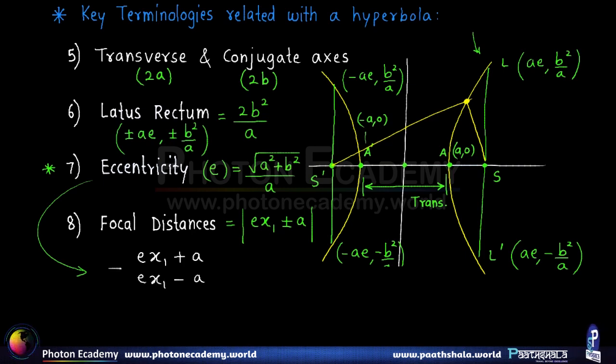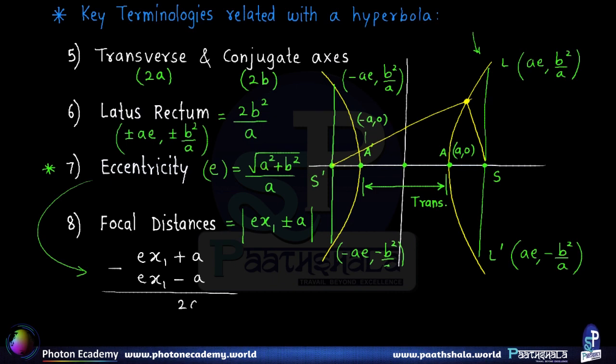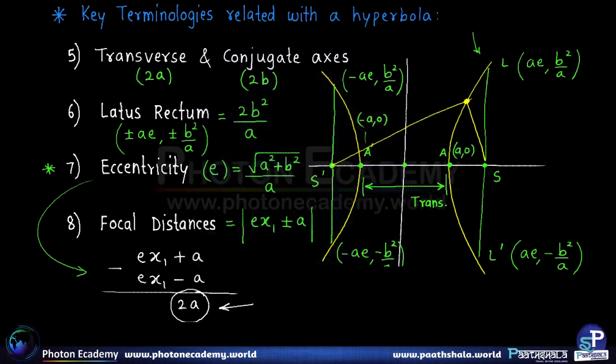If you subtract these two, you will get 2a, and that perfectly matches with the definition of hyperbola, where the difference of the focal distances of any point on the hyperbola is always constant, and that difference is nothing but 2a, which is the length of transverse axis. So that way we can remember the focal distances.